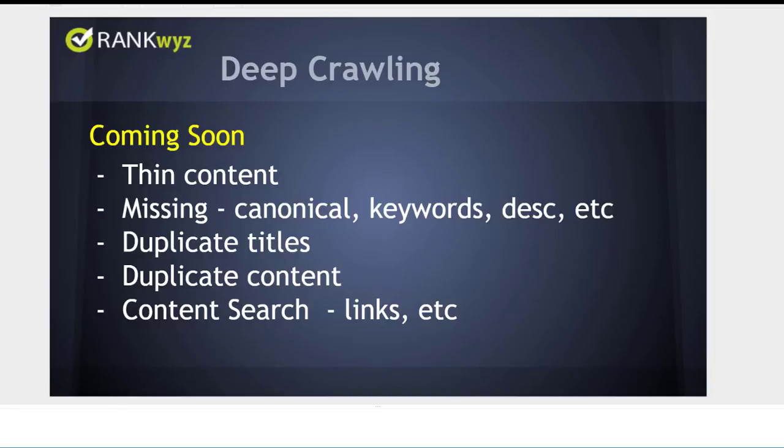So we can identify duplicate titles, duplicate content, and that is important for PBN owners. You can do content search. Not only can you see the broken links and broken images, but you can do content search inside, because once you have a page, if for some reason you need to search within content on multiple sites, you can do search, and once you do this, it will be easy to go and replace this.